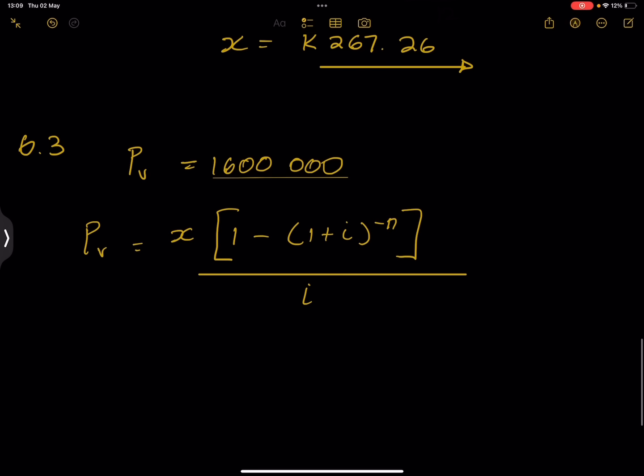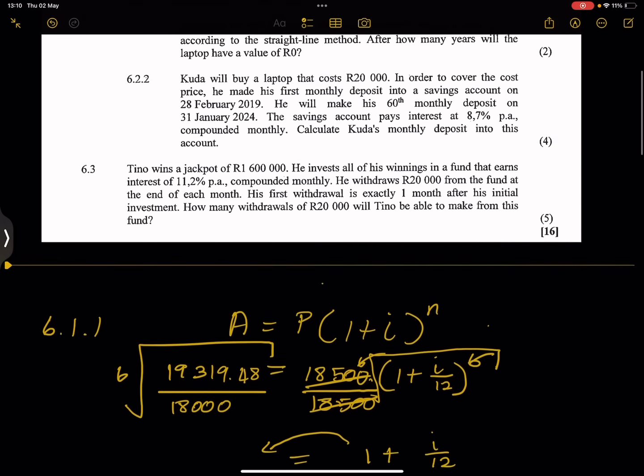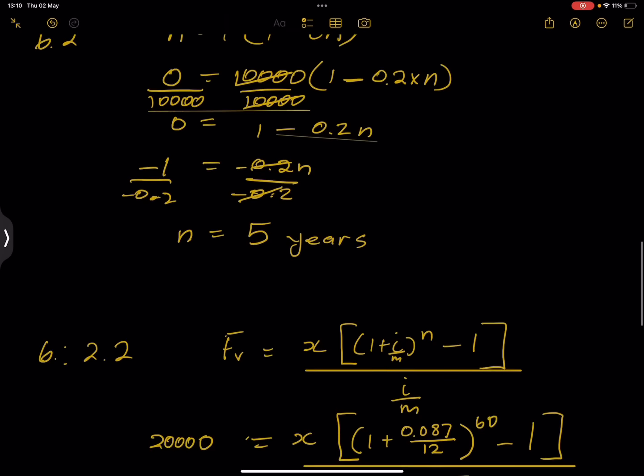So in this case, the present value is 1.6 million, and our value of X is 20,000. And this is 1 plus, I think it was 11.2% if I remember. Yes, it is.